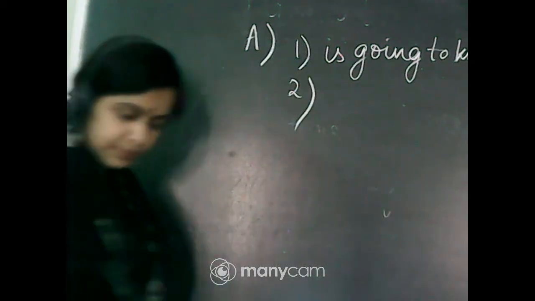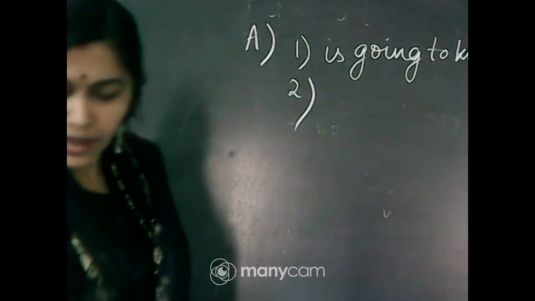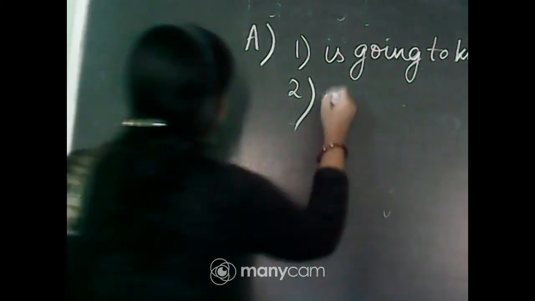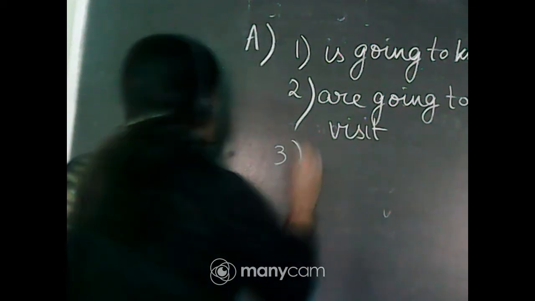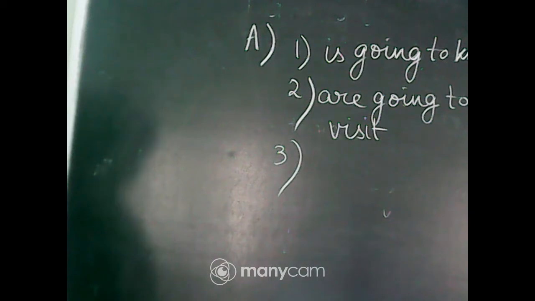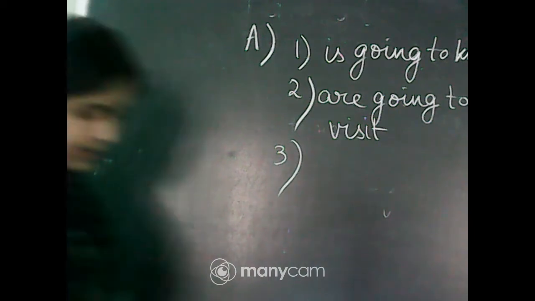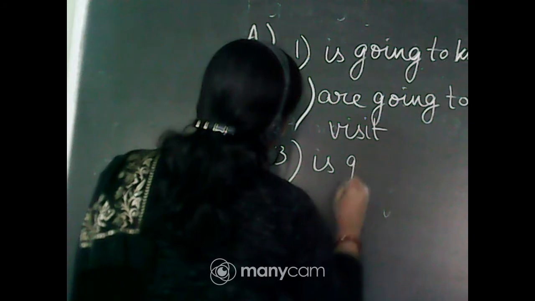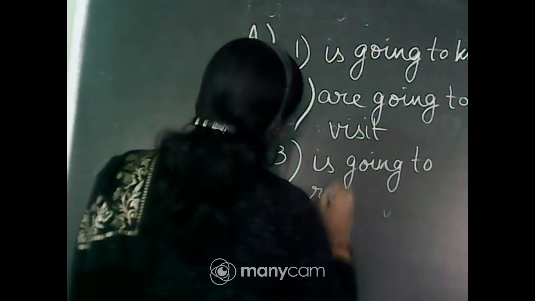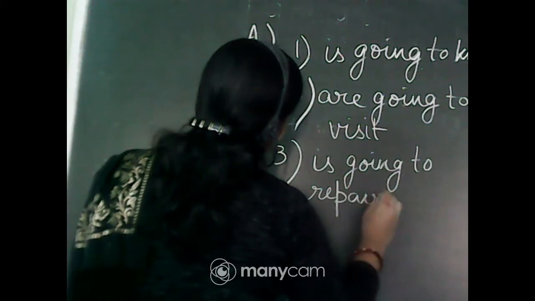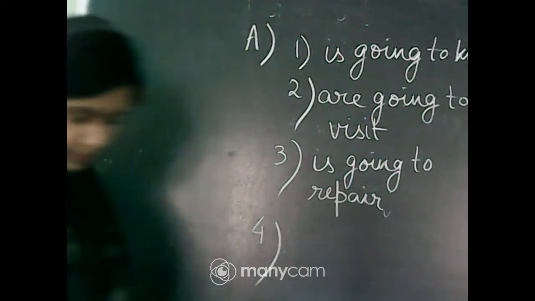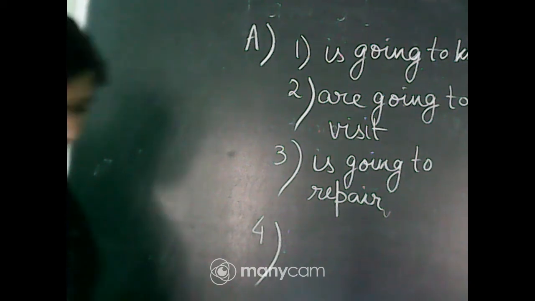Number 2, the children are going to visit. Number 3, the mason is going to repair. Number 4, my friends are going to participate.